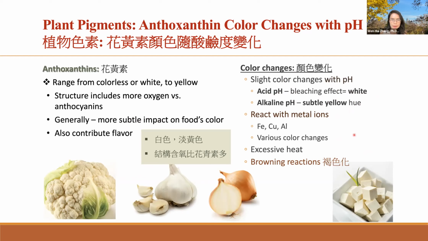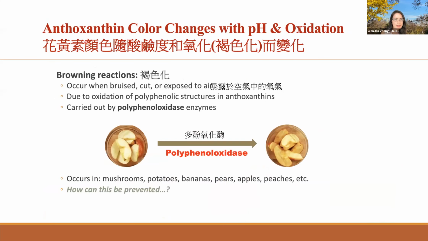And when anthoxanthin is under excessive heat or exposed to the air, it goes through some changes too. So that's color changes with pH and oxidation. The browning reactions are widespread in fruits and vegetables.